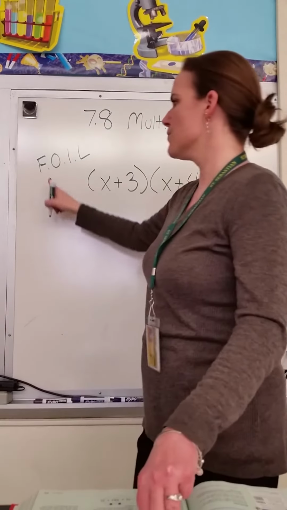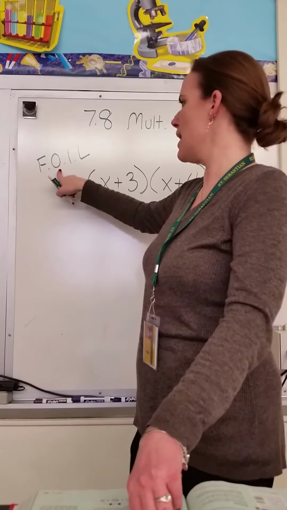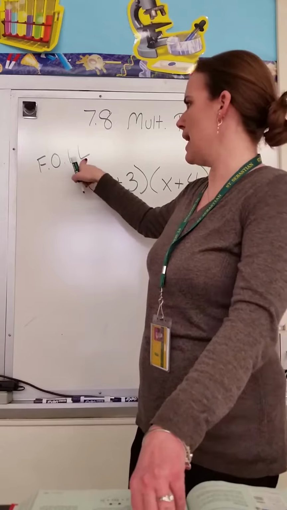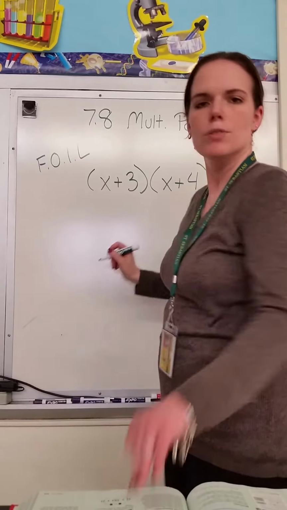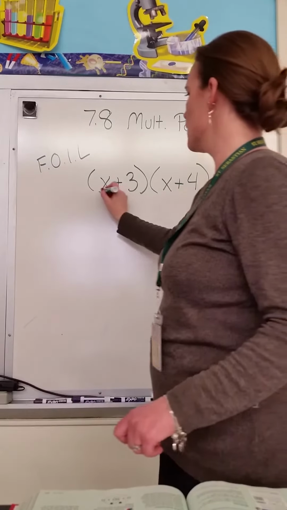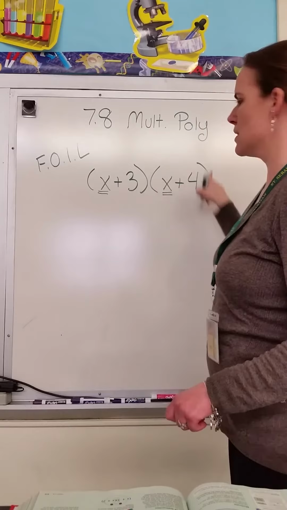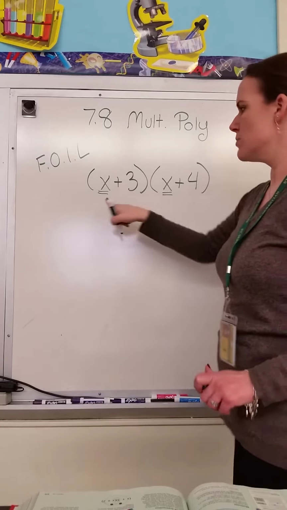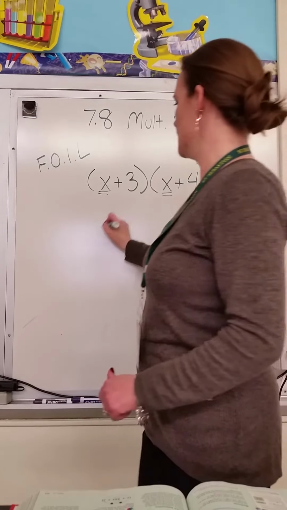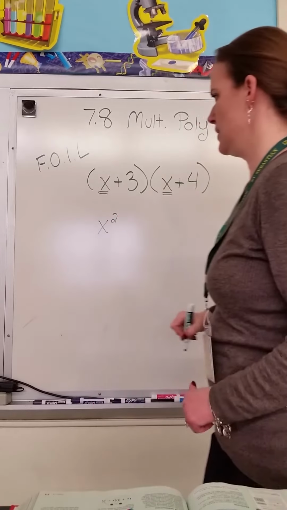What this stands for is first, outside, inside, last. So you multiply what comes first in this binomial times what comes first in this binomial. So you would take x times x is x squared.